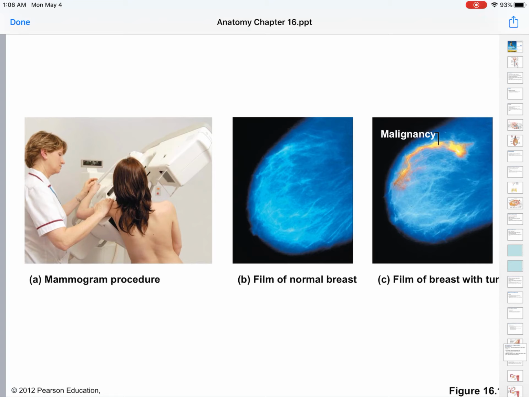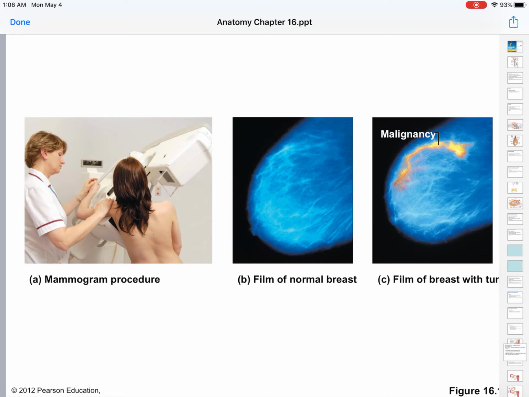So here's generally what a mammogram looks like. You have this machine that is able to press the tissue of the breast and then film it, scan the tissue. This shows what the normal breast area should look like. You have the skin in the dark blue and then the mammary glands in the light blue.